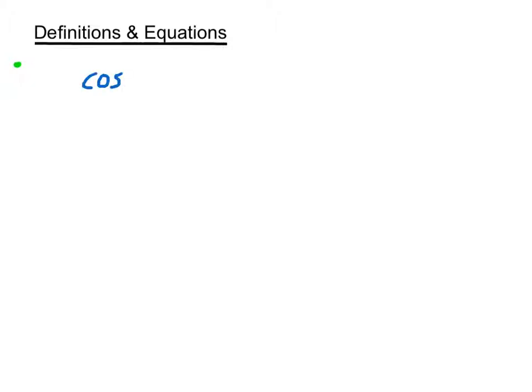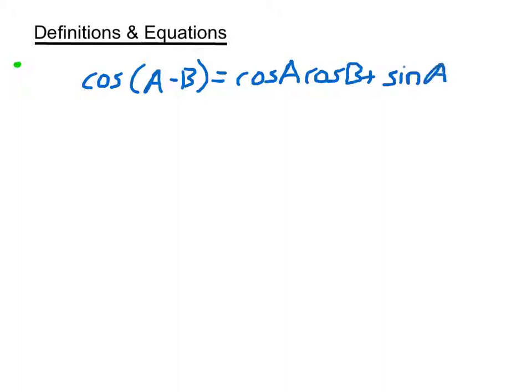And that's the cosine of A minus B equals the cosine of A times the cosine of B plus the sine of A times the sine of B. I won't bother going through the proofs of the other 3, but you can develop them from this formula right here. So here are the other 3.